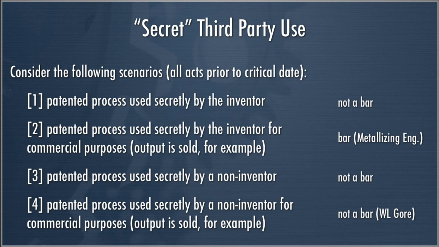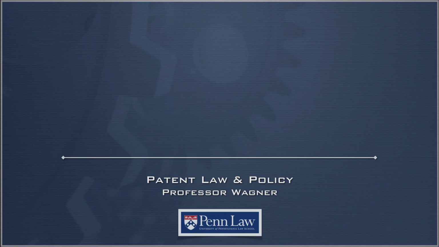That distinction between the two outcomes is really explained by the fact that part of what we're trying to do with Section 102(b) is to prevent patentees from being able to overexploit, to lengthen their patent term more than they should be able to. So that's Lecture 9, Novelty 3, Statutory Bars, and I'll see you next time.